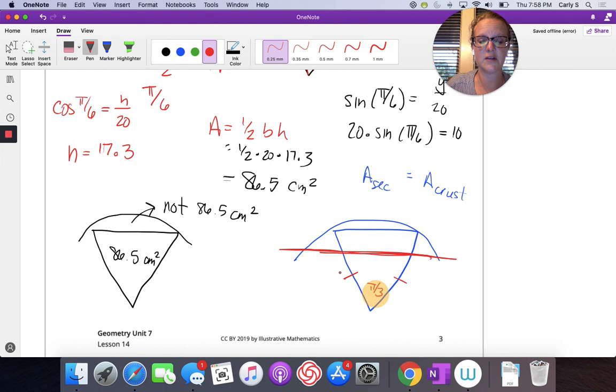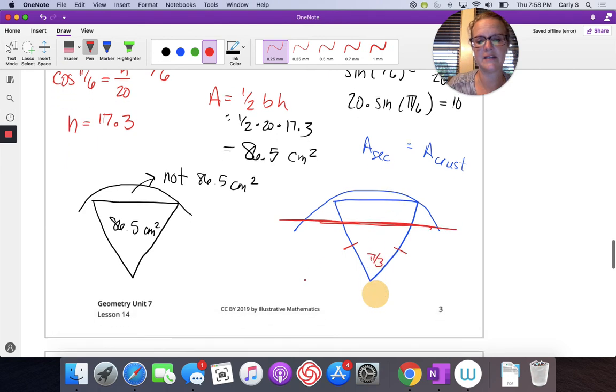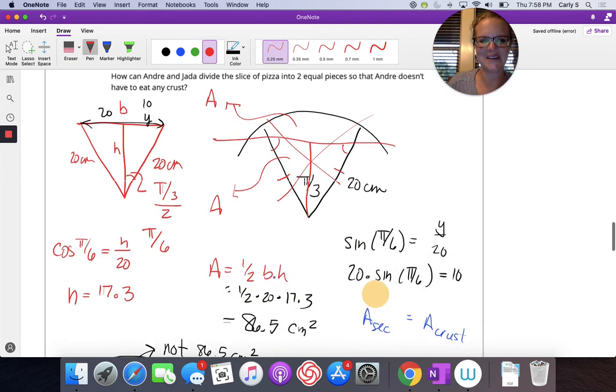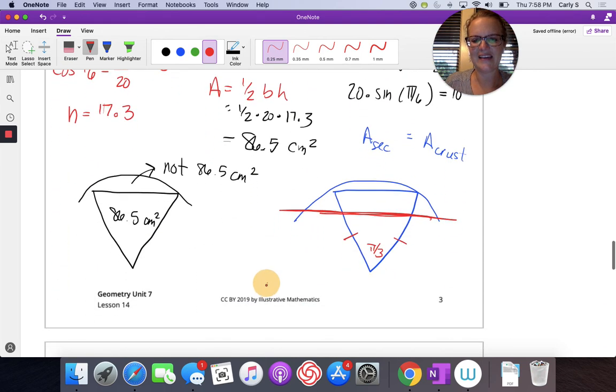And those two segments are equal, but we're trying to find a way for, what are their names? Jada and Andre, so that the area of the sector is equal to the area of a piece of the pie plus the crust. Okay, not actually an easy thing to do.